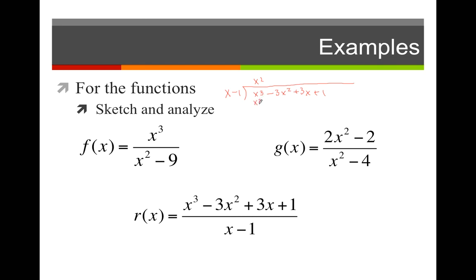So, okay, so x cubed, follow along here as I go ahead and do this. Minus that gets negative 2x squared. So I need to multiply by negative 2x. Subtract, I get x plus 1.